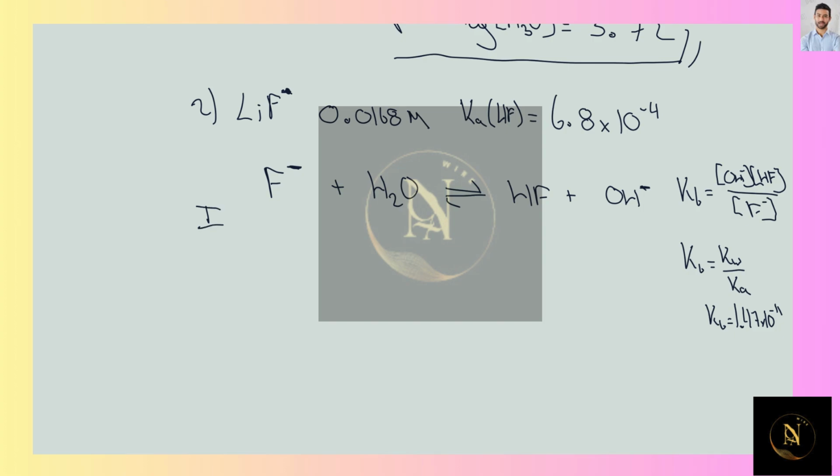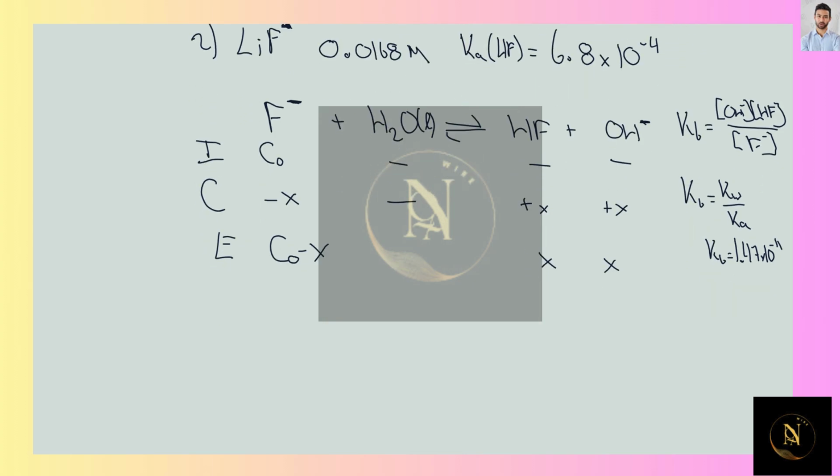So at the initial point, I'm going to call it directly C0 in this case, just for you to have a very familiar derivation. We're going to have 0 of all of this. Water does not enter equilibrium because it's a pure substance. The amount of change, again, it is going to be minus x, plus x and plus x. And at equilibrium, we're going to get C0 minus x, x, and x.